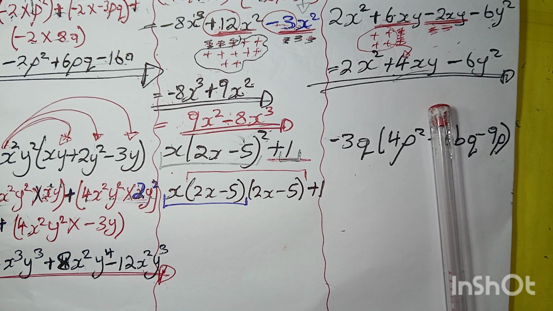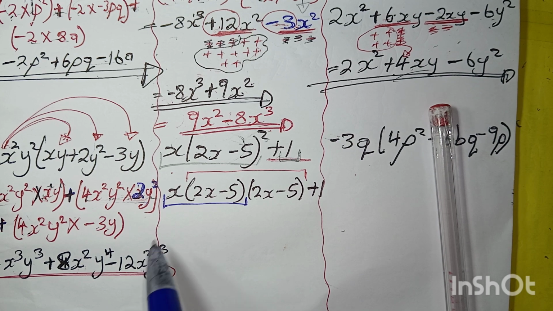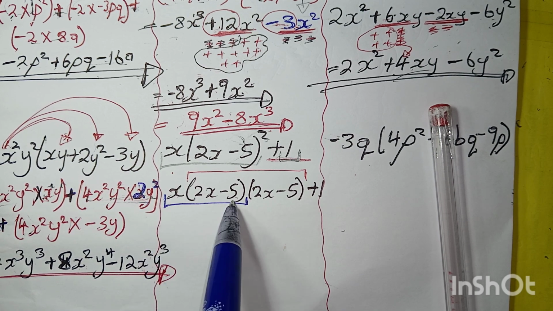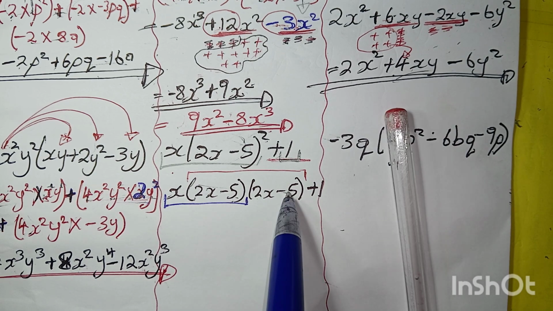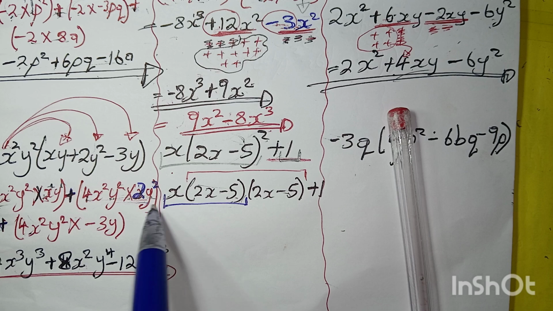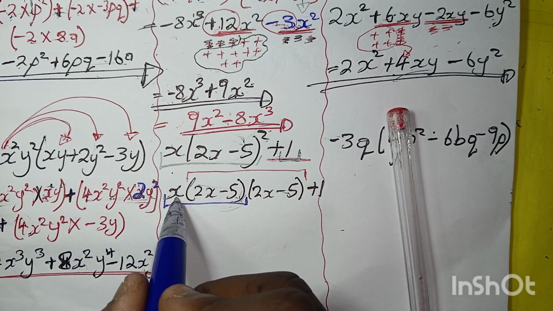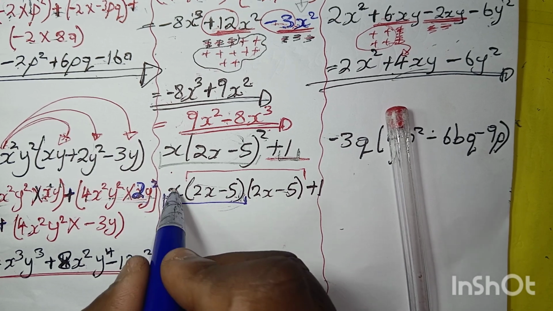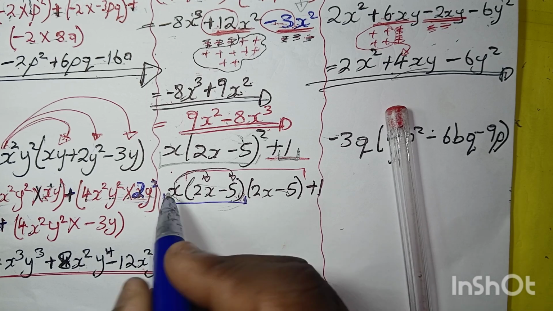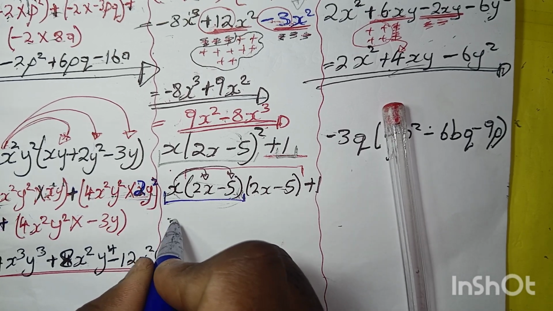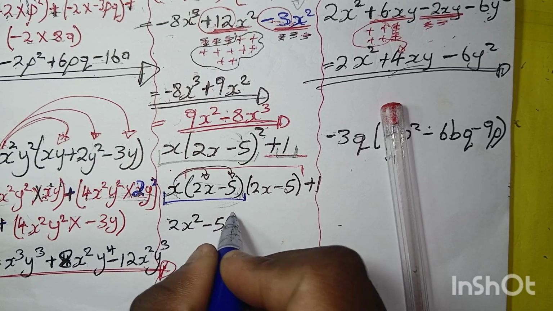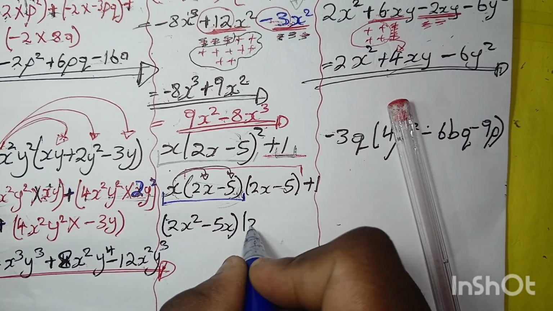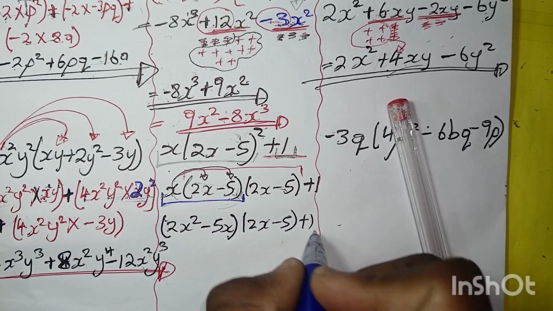But for me, I will prefer to first combine these two. No, let me just combine this one first. So if I combine this, it will multiply inside. This thing will give me 2x squared. This multiplied by minus 5x in brackets, and this thing is still here, plus 1.